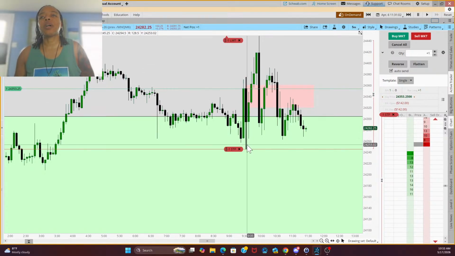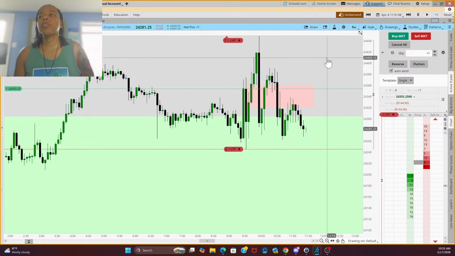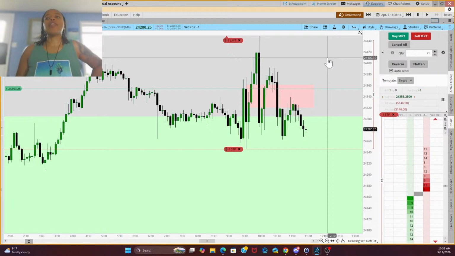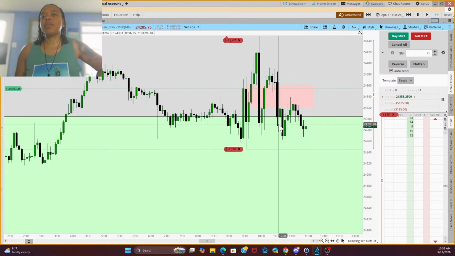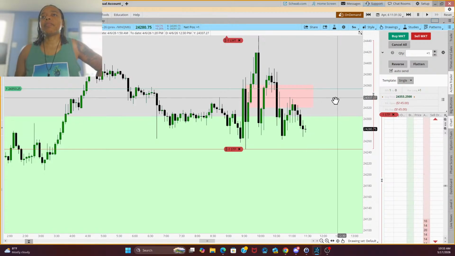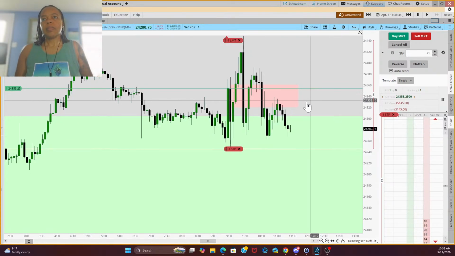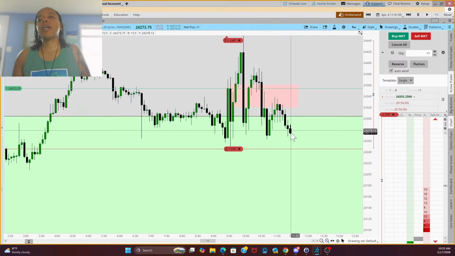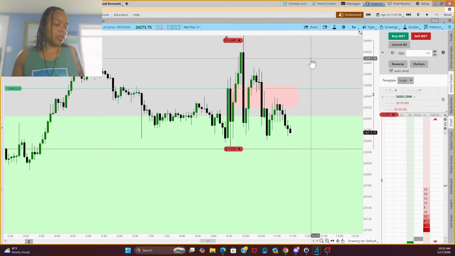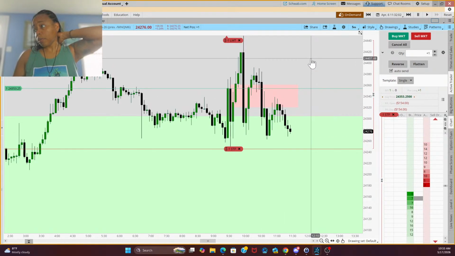So an entry here and a stop down here is perfectly acceptable. Whether or not they want to continue, given the choppy nature of this, well, it's up to them. All right, so far they're respecting the bearish fair value gap right here and continuing down.